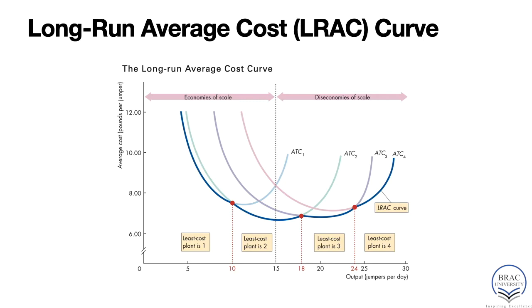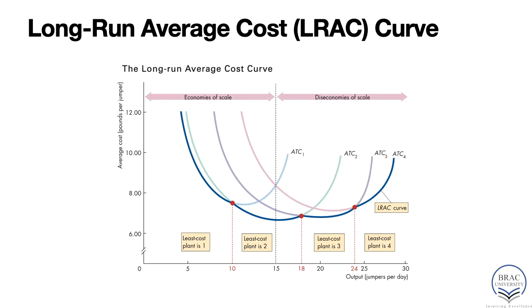And finally, for output rates in excess of 24 jumpers a day, the average total cost is lowest on ATC4. In this figure, when you connect the red dots, the segment of each ATC curve for which the plant has the lowest average total cost is shown by a dark blue curve. And this dark blue curve made up of these segments is the long-run average cost curve.